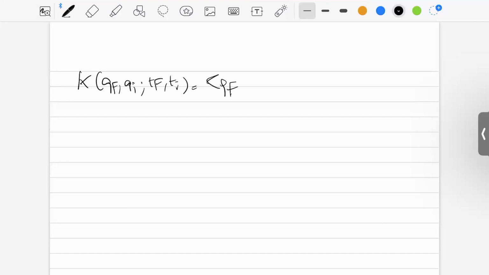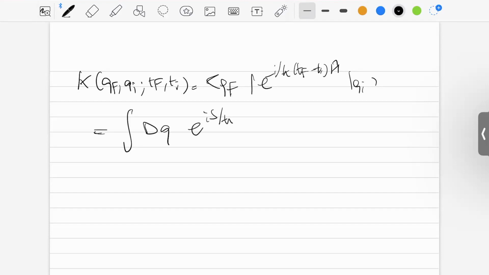First you have the definition, and then we have the result of before. So you can write it as a path integral, delta q e to the i s divided by h bar.